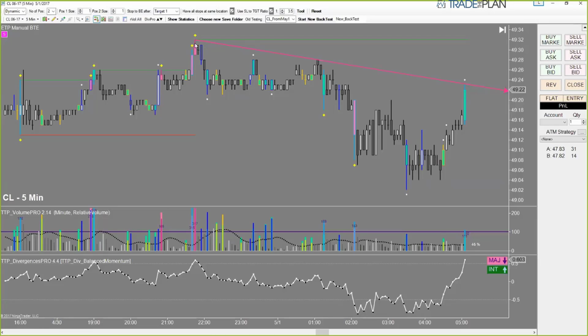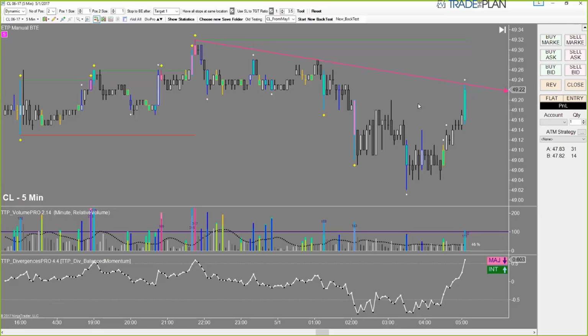So supply and demand is a function of the previous areas of supply and demand. It's not the exact areas themselves. A lot of people will trade, well, this high is where supply came in, so that means that supply is going to come in right there in the future. That's not the way supply and demand works.